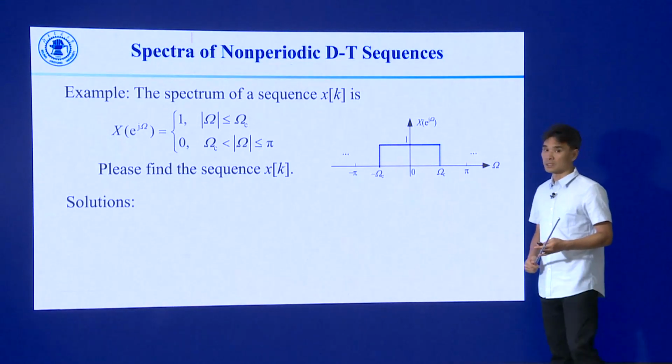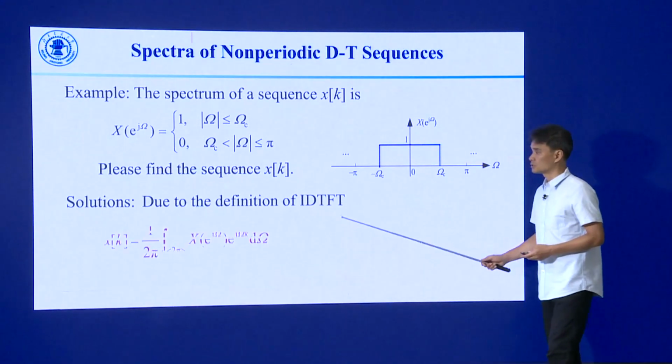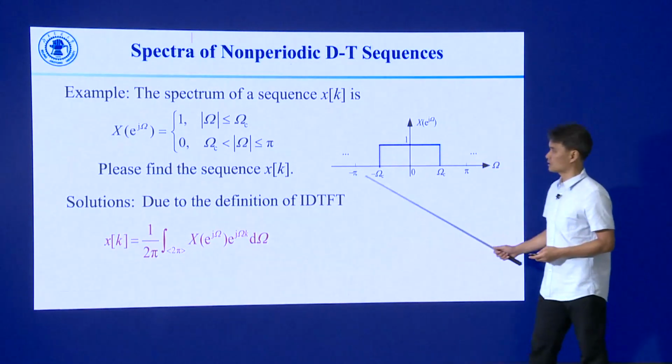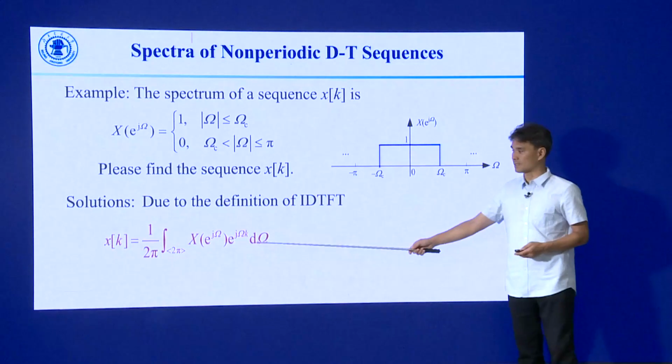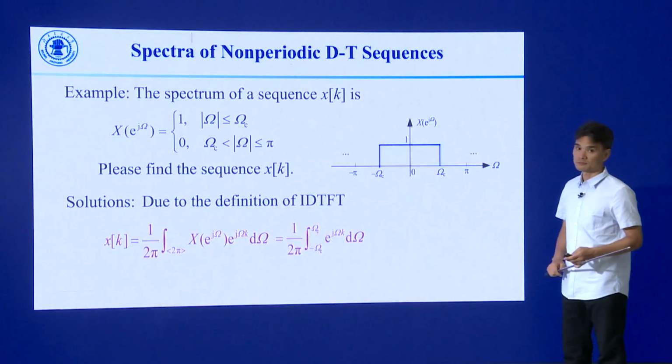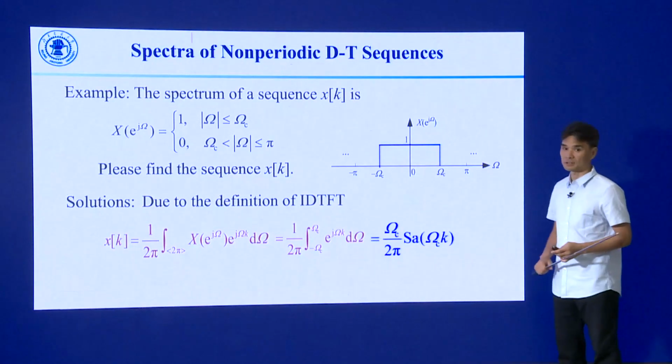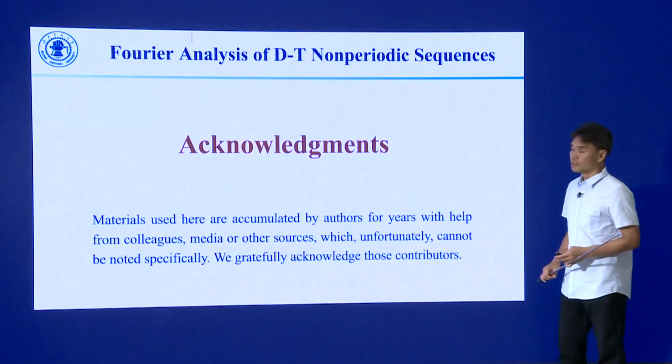We can use the inverse Fourier transform. So here is the definition, and we can plug this into that definition. That will be straightforward. We can get the final result. It's a sampling function. Thank you.